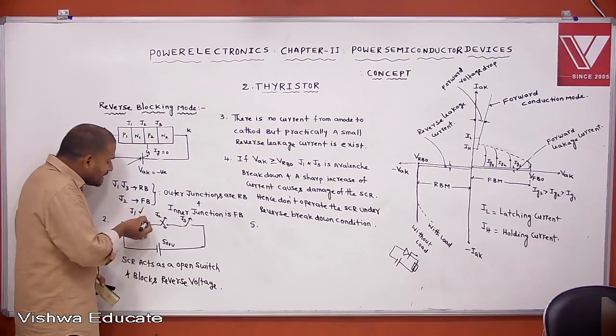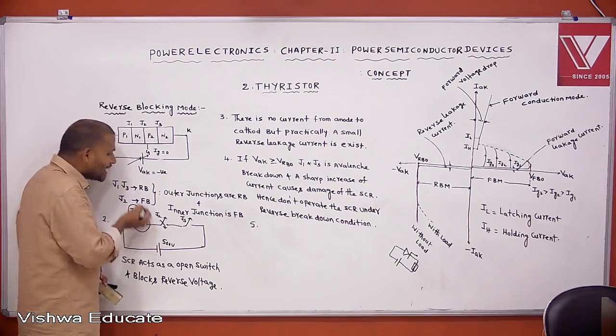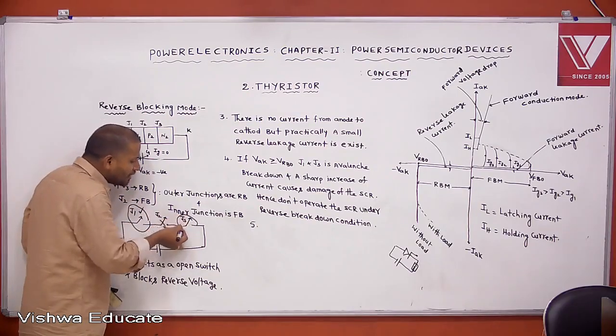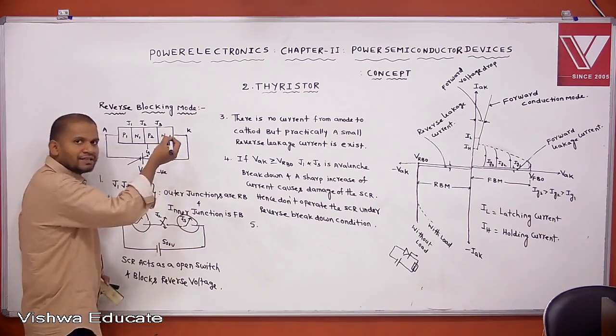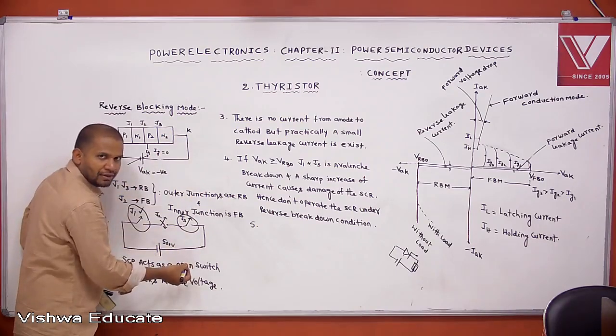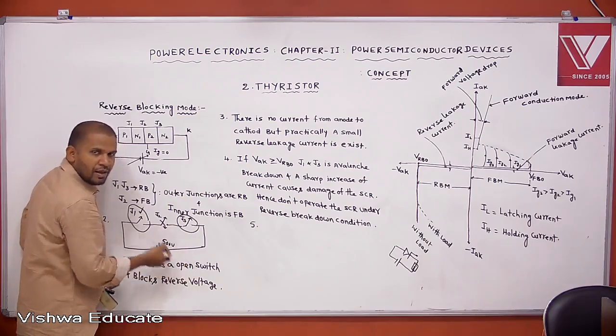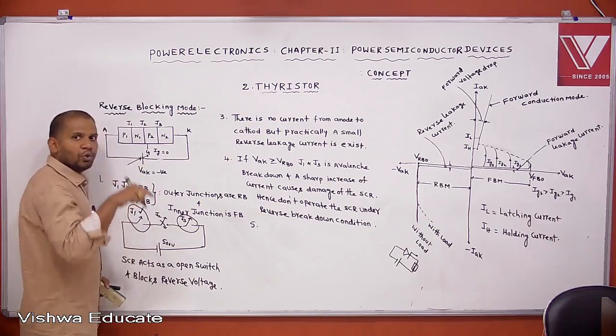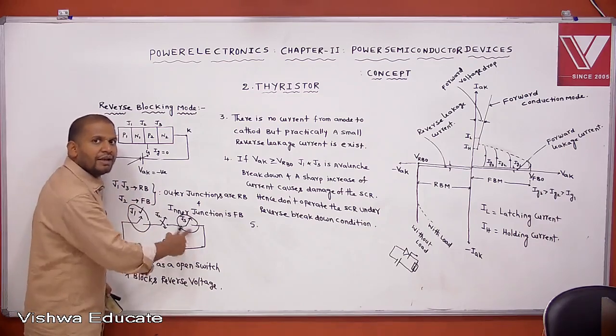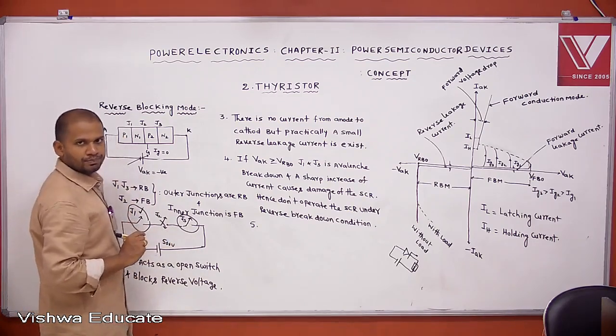That's why J1 has less doping concentration and J3 has high doping concentration. If the doping concentration increases, the blocking capability reduces. J1 has less doping, so J1 blocks the high voltage. Next J3, then J2. Understood?